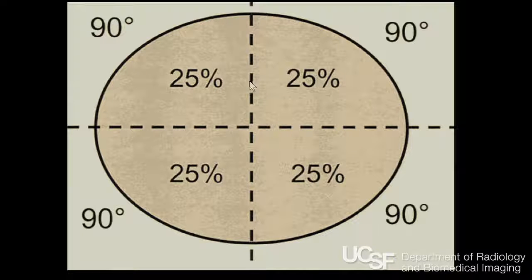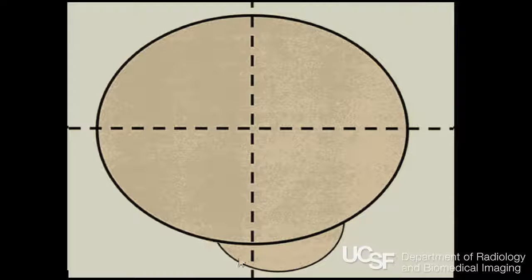So, going back to basics, you can divide a disc into 4 quadrants of 90 degrees each, and if you have local displacement of disc material beyond the confines of the margins of the disc by less than 25% of the circumference of the disc, then it's a disc herniation. And this is one of the differences in the new nomenclature.